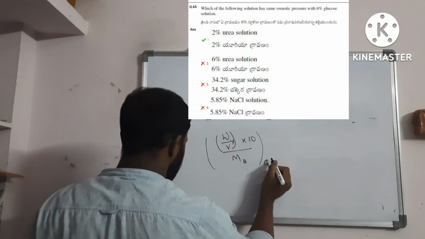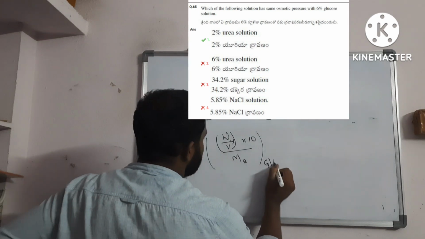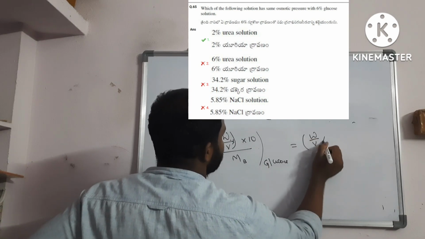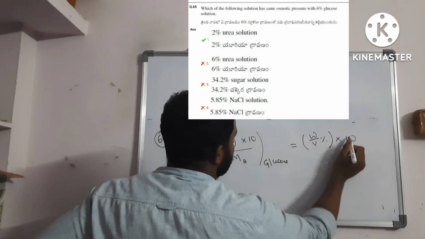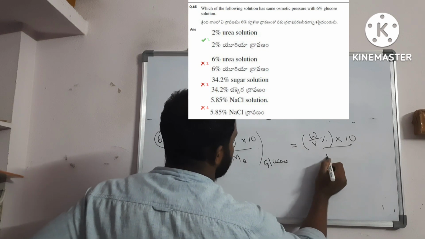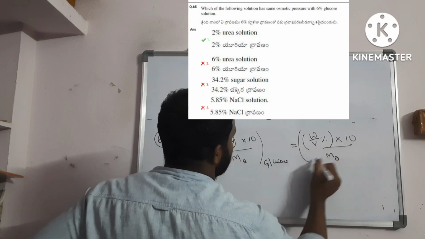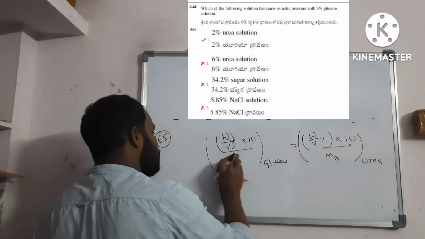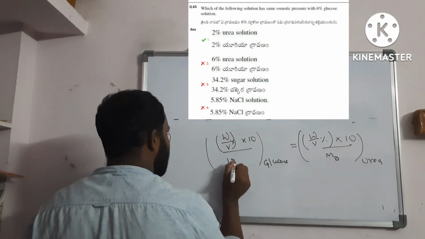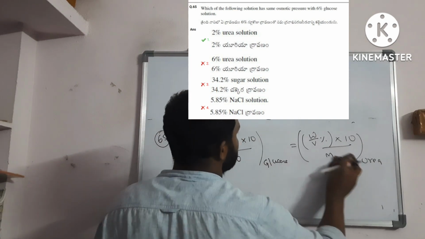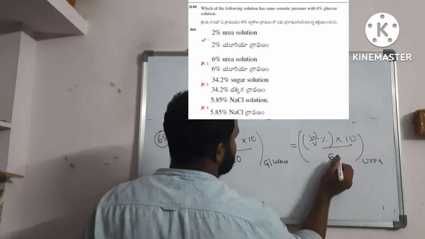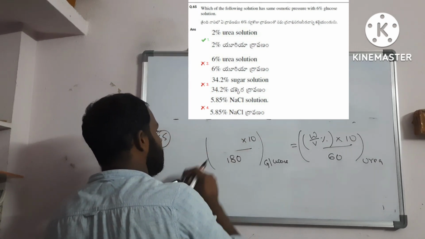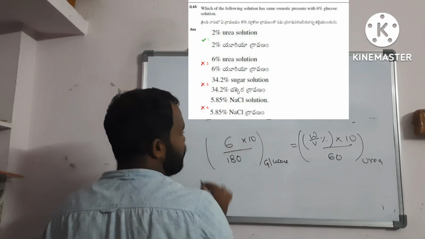For example, first the question is for 6% glucose, right? Same here, W by V percent into 10 divided by Mb. Glucose molecular weight is 180. Here Mb means urea molecular weight is 60. They gave 6% glucose, so the value is 6.